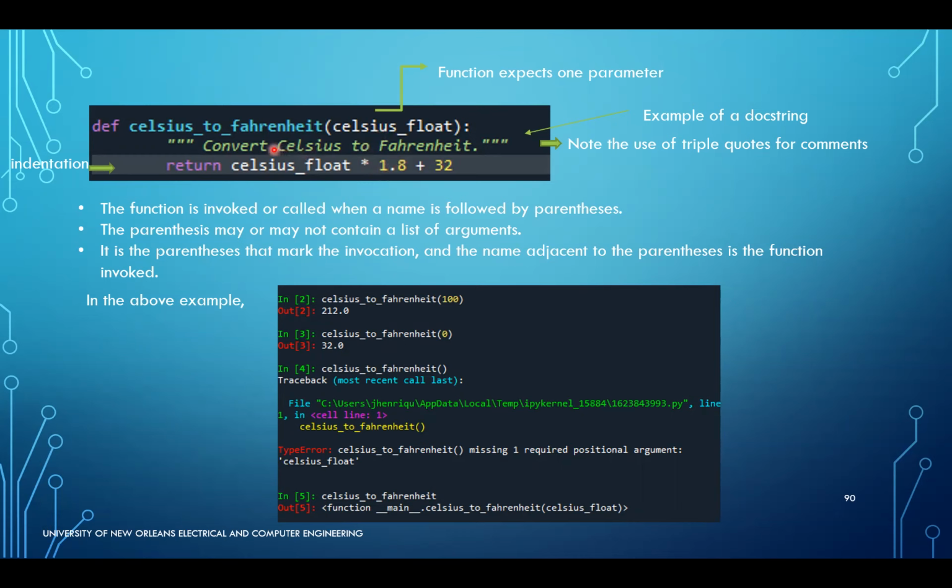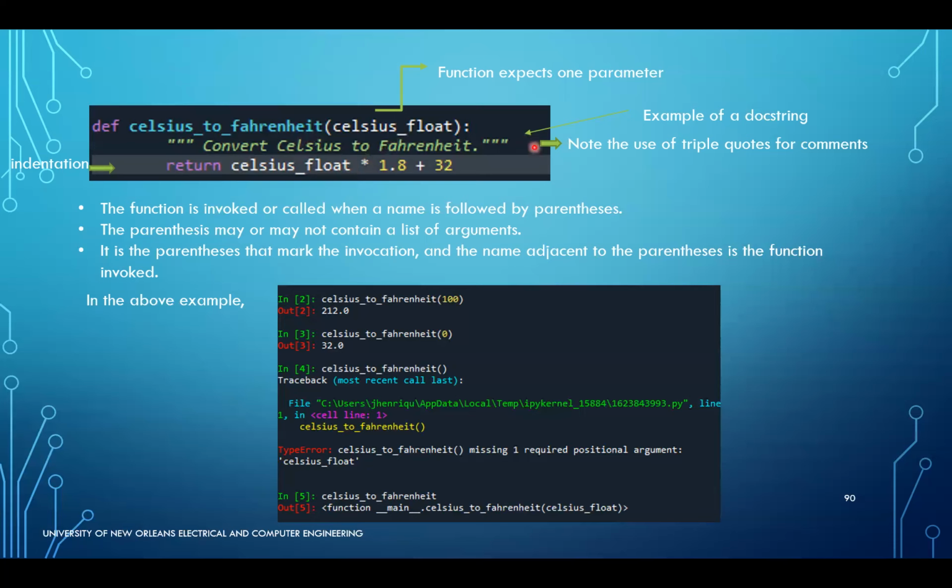Now here, following the definition, def, the first thing we have is what we call the docstring, okay? And the docstring, as you can see here, is taken as a comment, but it's a special type of comment because that information is then used to describe what the function does.